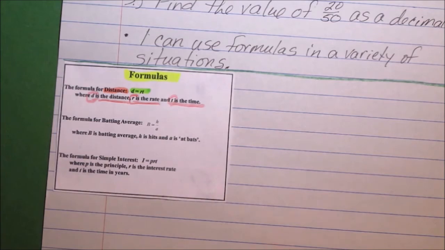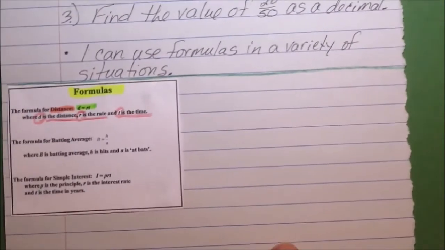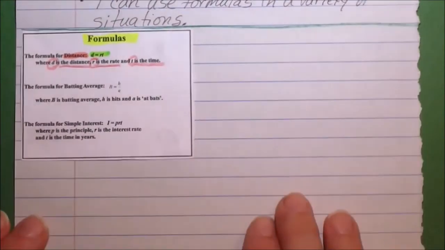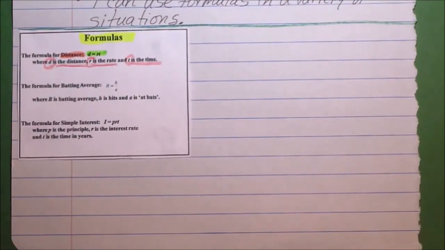I had a student, and we still tend to memorize it this way, that when I ask, what is the formula for distance? My kids will often say, dirt, because the DRT reminds them of the word dirt. And I like that, because it's a way that makes it easy for them to remember. D equals R times T, DRT, all right?